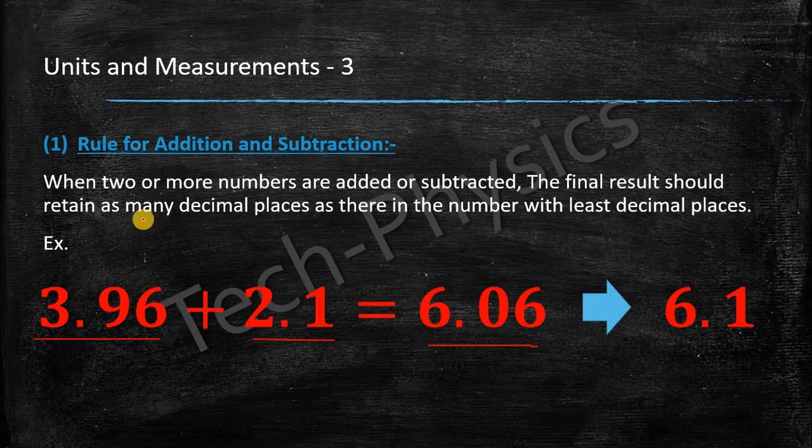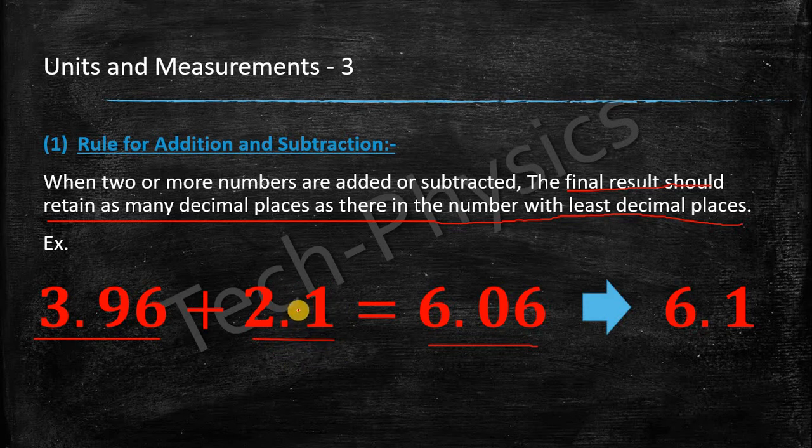As you can see, the final result should retain as many decimal places as there are in the number with the least decimal places. Here the original numbers were 3.96 and 2.1, and 2.1 has the least decimal places, right?